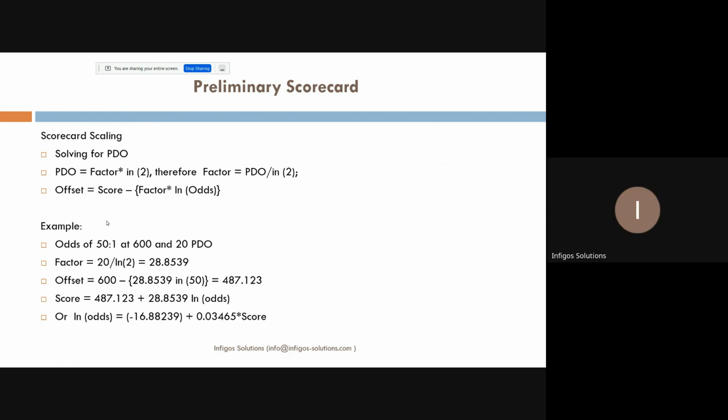Yes, please. So, sir, here the log odds can also be replaced with the WOE, right? It's a good question. The calculation is very similar, but it's not done.